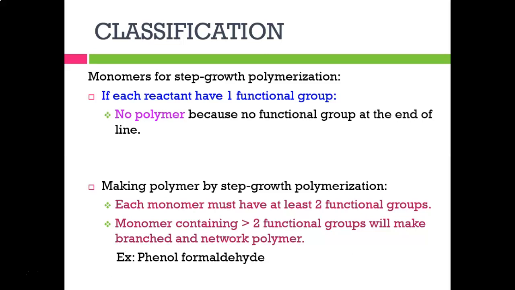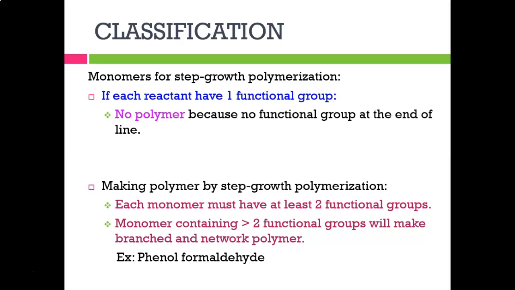Now we look at the classification of the monomer for step growth polymerization. If each reactant has one functional group, no polymer because no functional group at the end of the line. Okay, so kita tak boleh produce polymer kalau dia hanya ada satu functional group. So at least dalam step growth polymerization must contain two functional group.